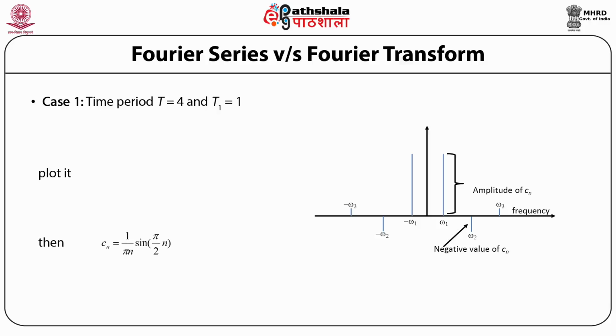Then Cn will be equal to 1 over pi n sine pi n by 2. We will get the plot shown on the right hand side. You can see there are frequencies on the positive side as well as on the negative side, and there can also be amplitudes in the positive direction as well as in the negative direction.